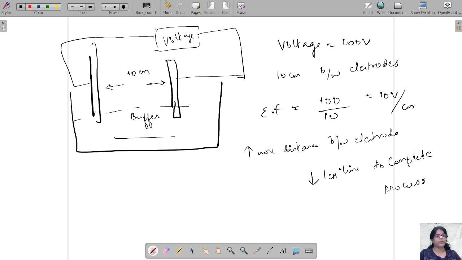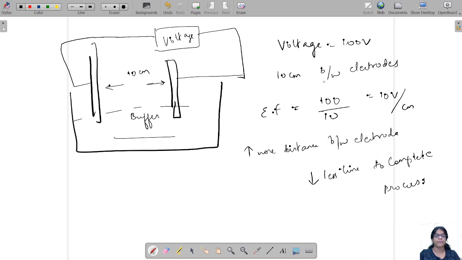Suppose these are the two electrodes that are present here. The distance between the two electrodes is 10 centimeters, and let's assume the voltage you have applied in this example is 100 volts. The electric field is always dependent on the distance between the electrodes and the amount of voltage you have given.